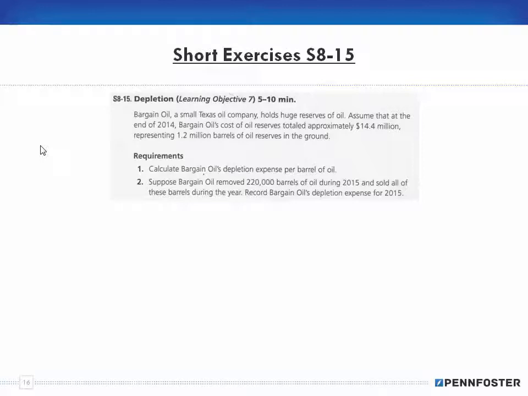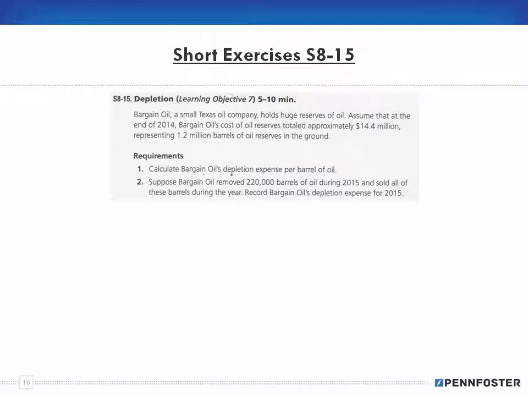Okay, let's see here. Depletion. So, Bargain Oil, a small Texas oil company, holds huge reserves of oil. Assume that at the end of 2014, Bargain Oil's cost of oil reserves totaling approximately 14.4 million, representing 1.2 million barrels of oil reserves in the ground.